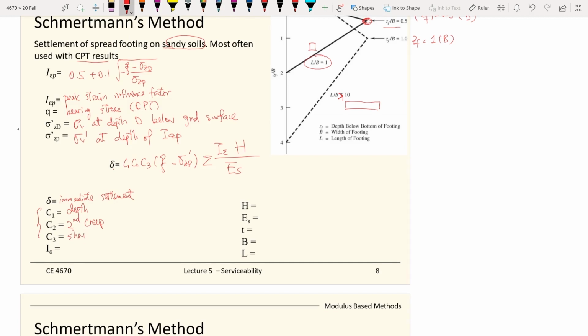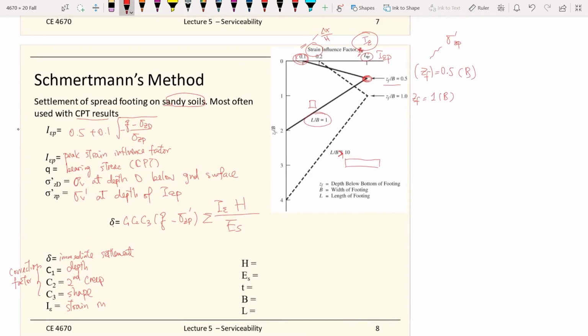You have a shape correction factor, and also, so those are correction factors. One more time, and come up with the strain influence factor, which you interpret from the figure here.